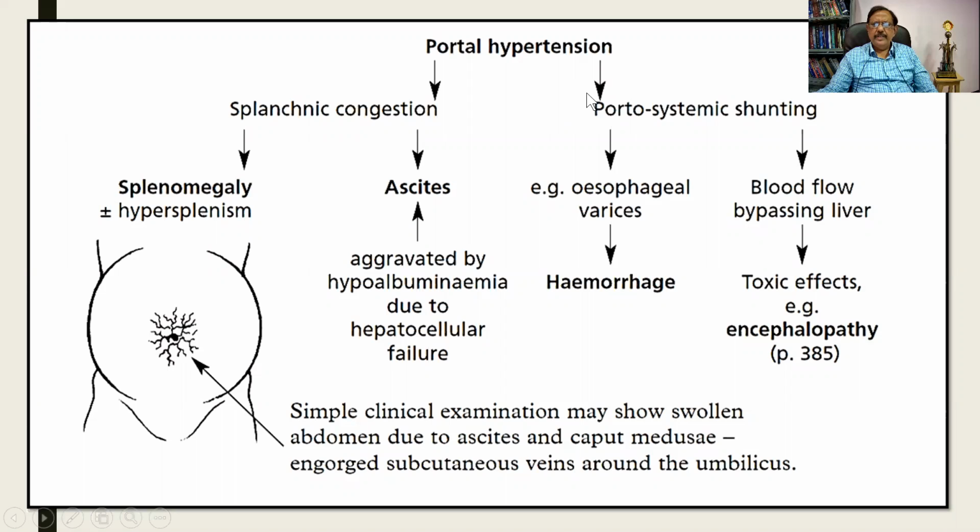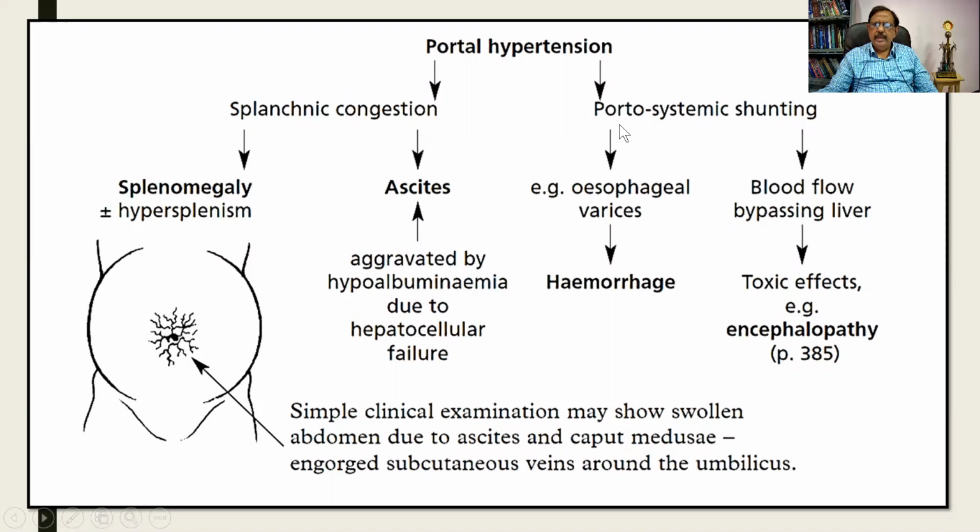The portal hypertension, this particular diagram retrieved from illustrated pathology, is of paramount importance. There can be a splenic congestion or there can be a hypersplenism. Also, there can be an ascites which can be aggravated by means of hypoproteinemia or hepatic failure.